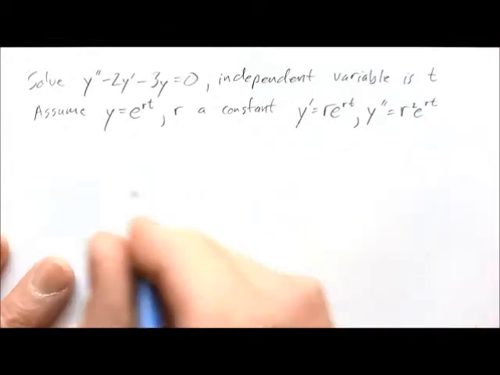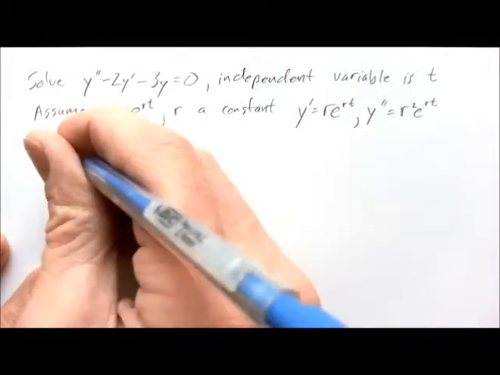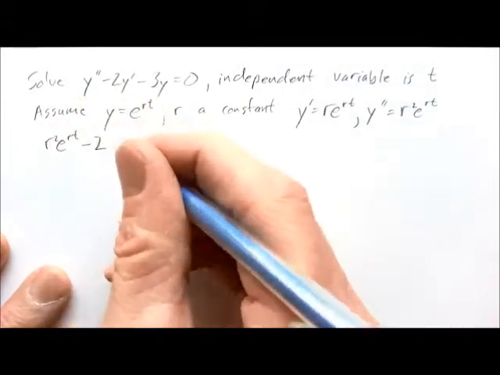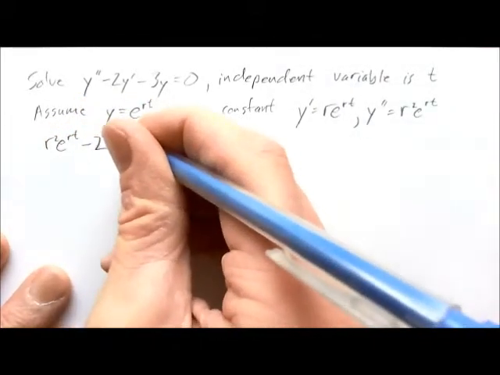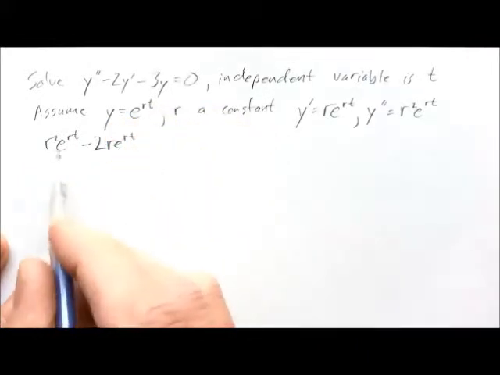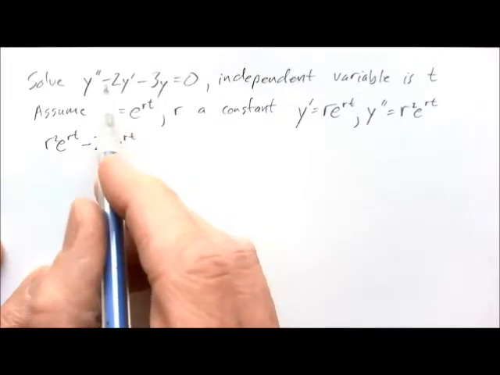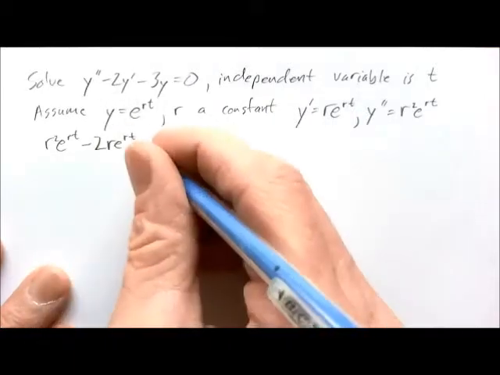So when we substitute those things, we have r squared e to the rt minus 2r e to the rt. So remember, r squared e to the rt is the second derivative. r e to the rt is the first derivative, but we have to multiply by negative 2.